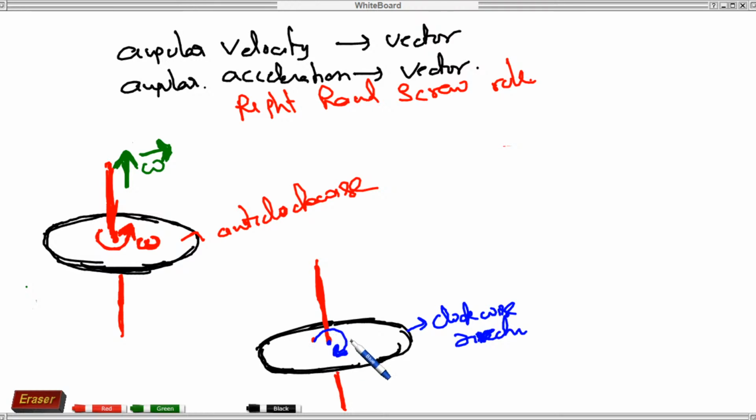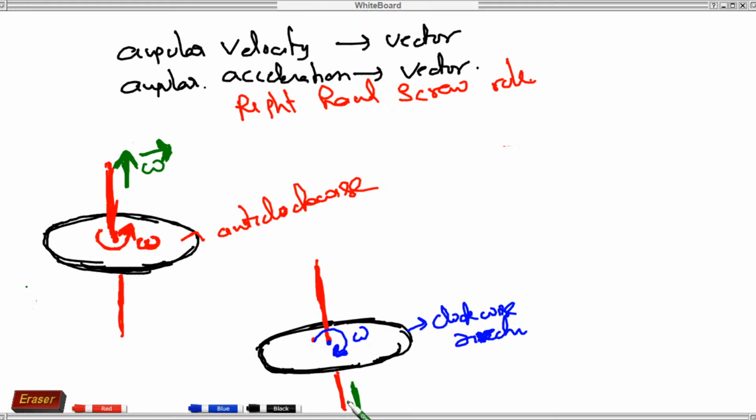In this case, using your right hand rule, rotate your fingers in the direction of angular velocity, and your thumb will show the direction of the angular velocity vector.